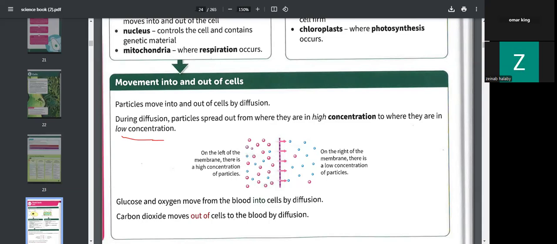So this is the high concentration condition, and this is the low concentration condition. By diffusion, the particles move from high concentration to low concentration. Glucose and oxygen move from the blood into the cells by diffusion. Carbon dioxide moves out of the cell into the blood by diffusion. So this is the diffusion process.